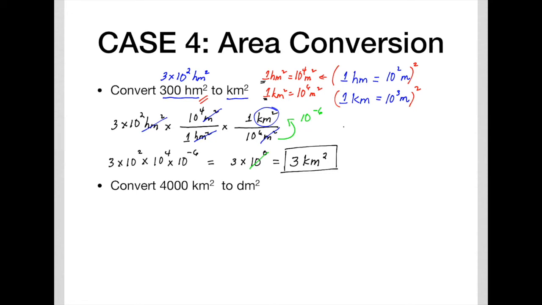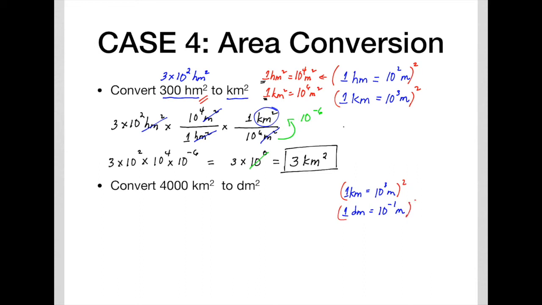Now, let's do this. Convert 4,000 kilometers square to decimeter square. First is to simply write again the conversion factor, that 1 kilometer equals 10 raised to 3 meter, and 1 decimeter equals 10 raised to negative 1 meter. Next, we simply need to square it.